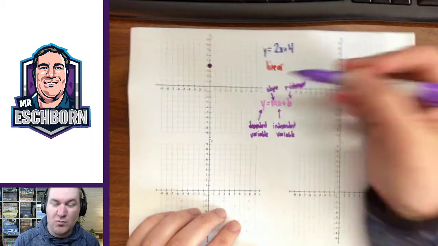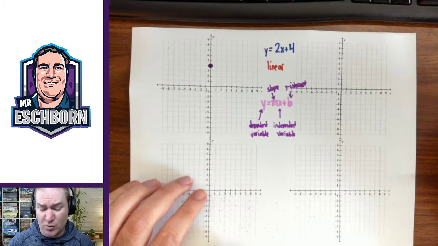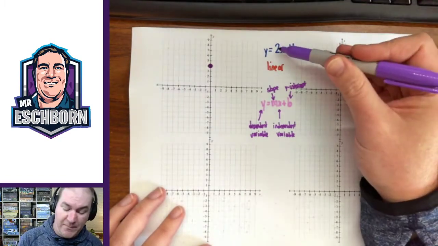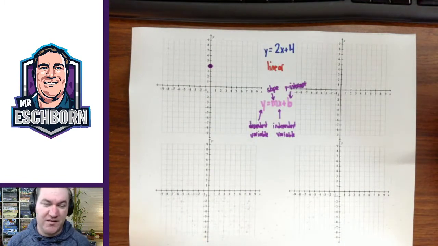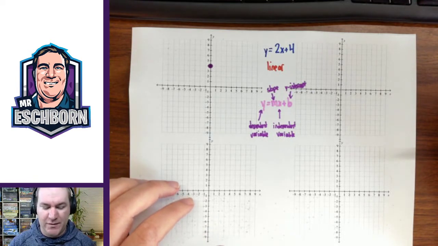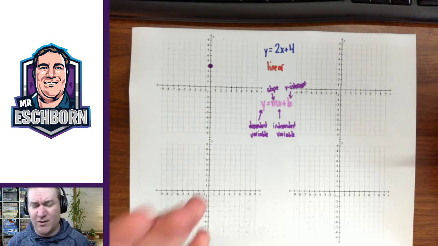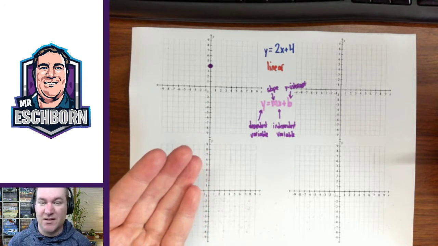The slope is a little more complicated, not much. The slope tells us a little more information. Having a slope of 2, the slope is the steepness rating of the line we're about to make. Think about it. The only really exciting thing we can change about this line is how steep it's going to be.